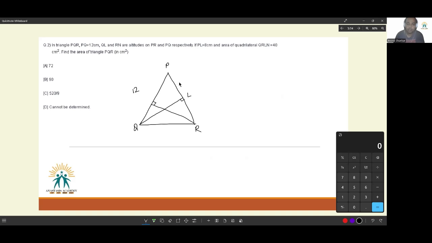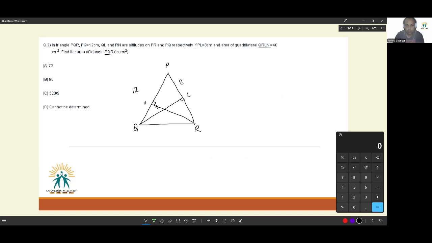If PL is 8, okay, this is 8. The area of quadrilateral QRLN is 40. Find the area of triangle PQR in centimeter square.